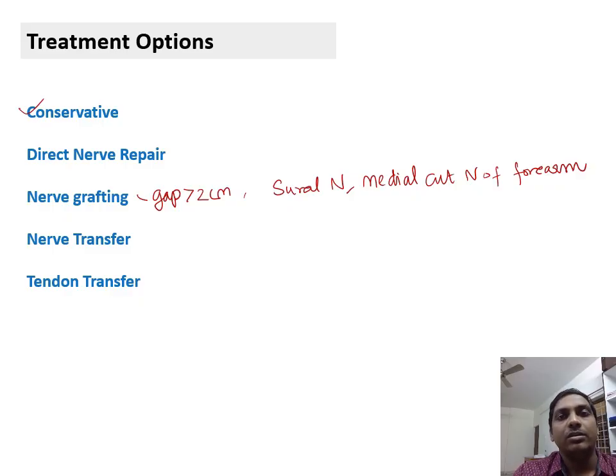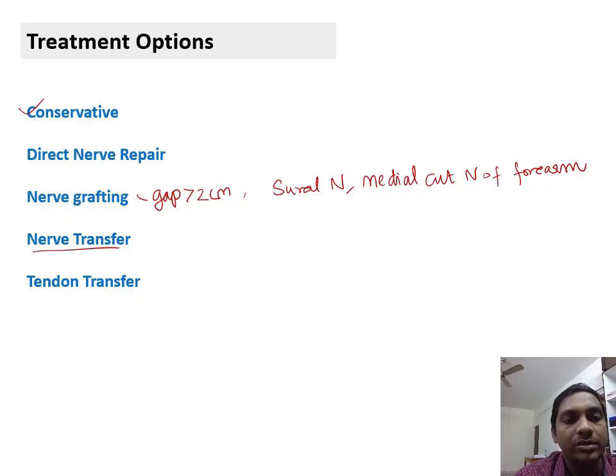Nerve transfer is used when the distal nerve trunk is available, whereas the proximal is not available because of avulsion from the root. You can use a nearby nerve and directly innervate the paralyzed muscle.